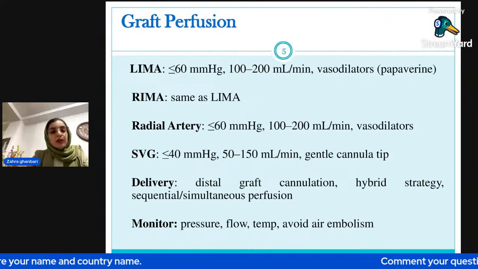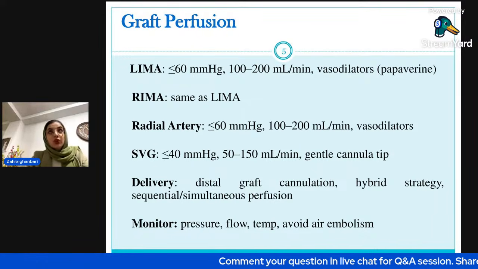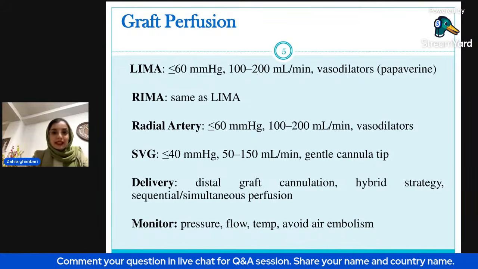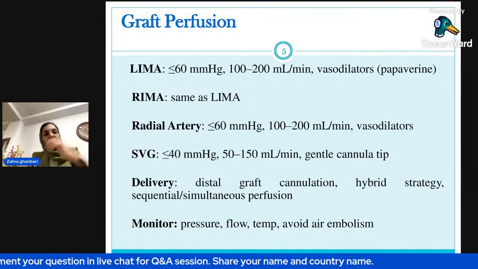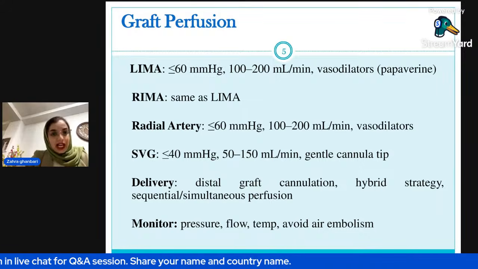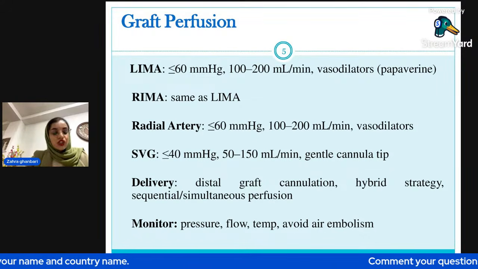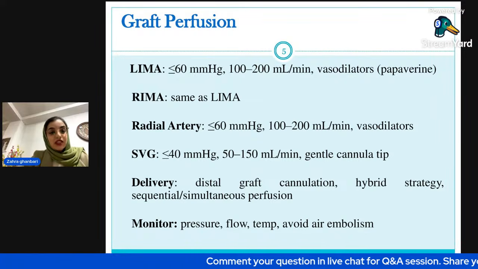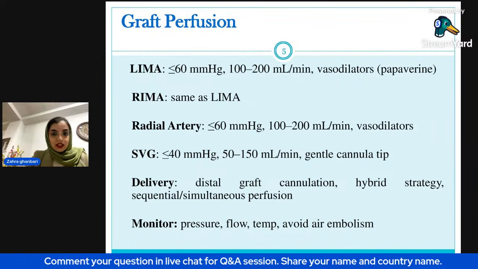We use the hybrid strategy for hypertrophied heart, redo surgery, and multivessel CABG. Other strategies are sequential and simultaneous perfusion. In sequential, each graft is perfused separately, and in simultaneous, multiple grafts are perfused together.